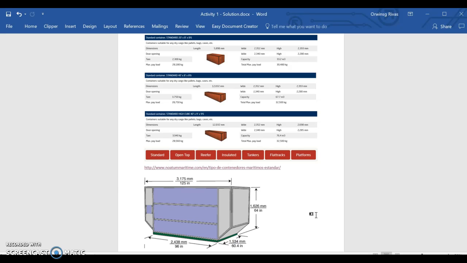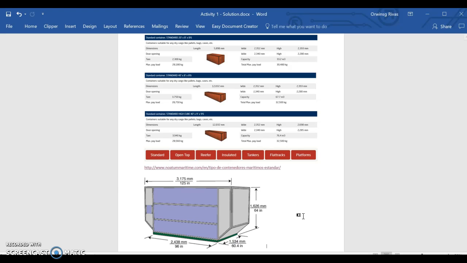Here in the tables, we find the measurements in millimeters, the height, the capacity in kilograms, that translates to tons also. And this small one is used for air transportation, as you see, they are smaller.